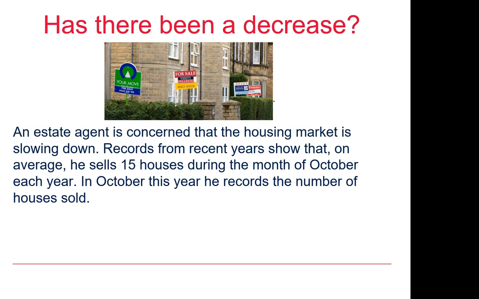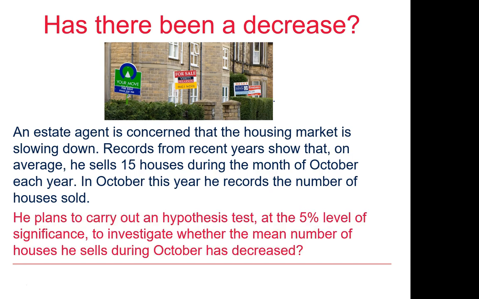Let's look at a scenario that was introduced in the video on hypothesis testing on a Poisson mean. Records show that on average 15 houses are sold during the month of October, and we model the number of houses sold per month in October with a Poisson distribution. The estate agent thinks things may have changed, so it will record the number of houses sold in October this year and carry out a hypothesis test to see whether the mean number of houses has decreased.